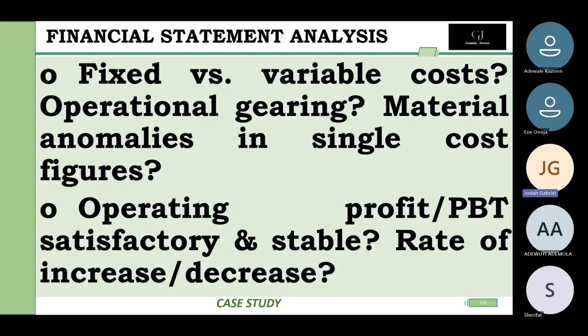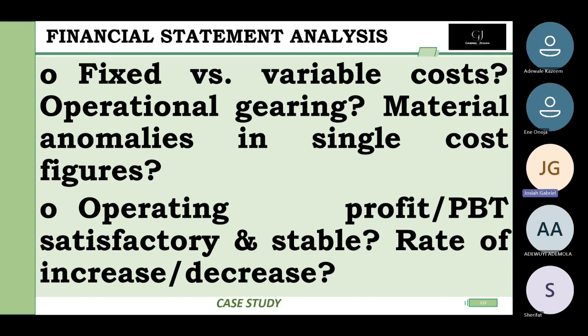The costs also, the fixed ones and the variable ones, which are direct and indirect, the operational gearing, the debt and mix, and the material anomalies in the single cost figures should be looked at critically. Your operating profit, the profit before interest and tax, profit before tax, are they satisfactory? Are they stable? What is the rate of increase and decrease?